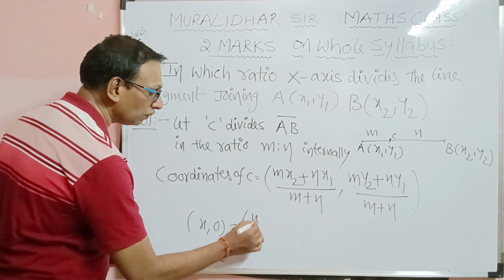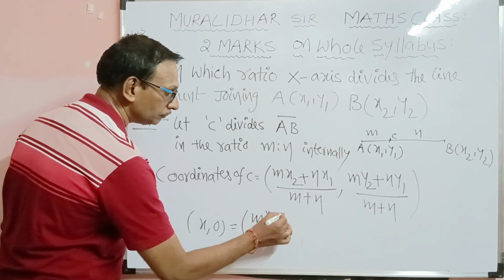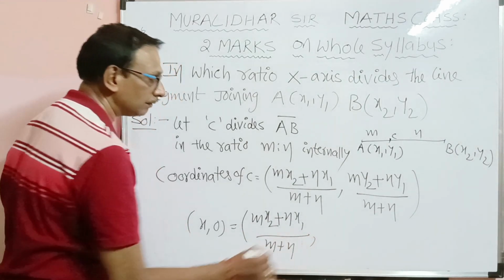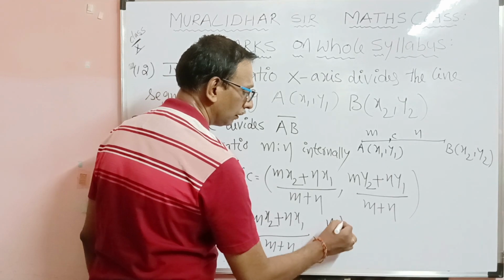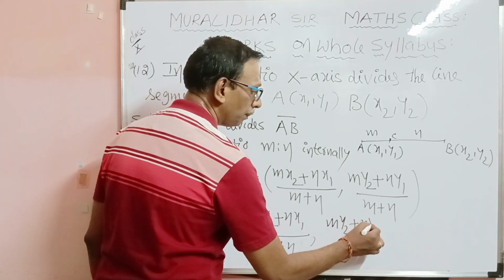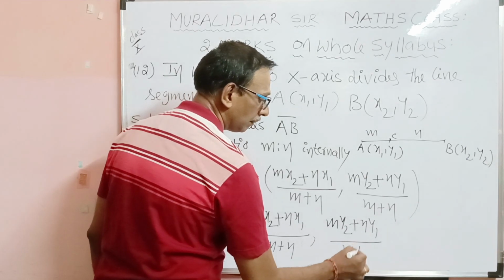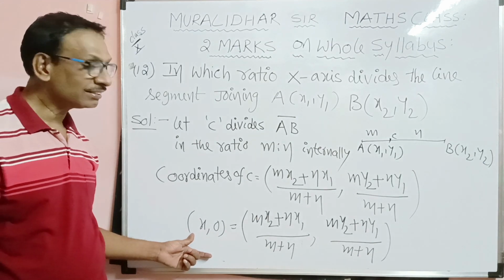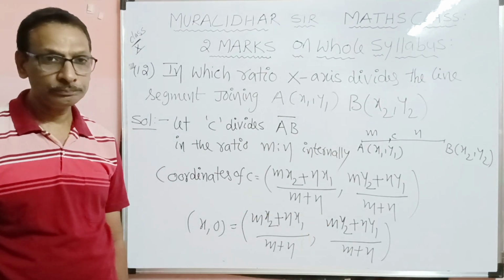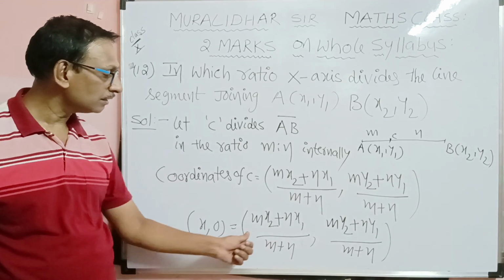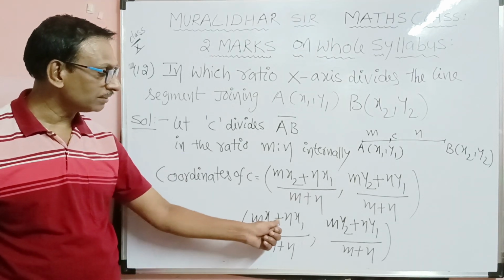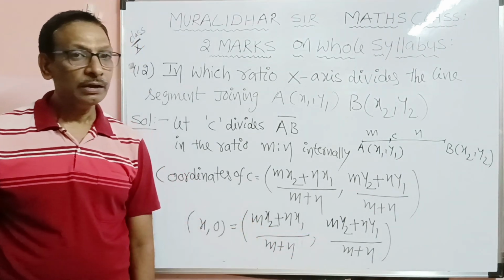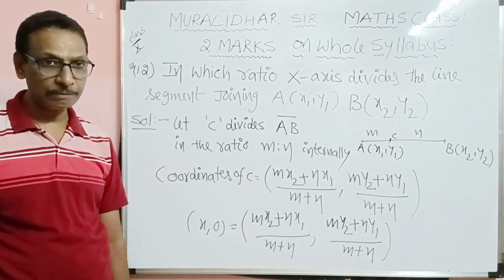So (x, 0) is equal to this section formula. Now the x coordinate is equated to (mx2 plus nx1) by (m plus n), and the y coordinate 0 we are equating to (my2 plus ny1) by (m plus n).